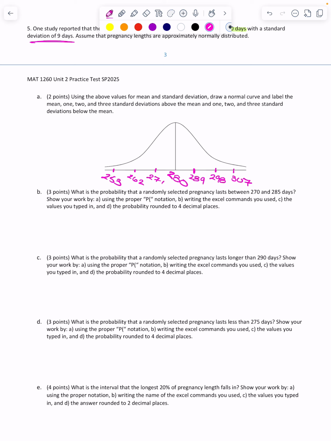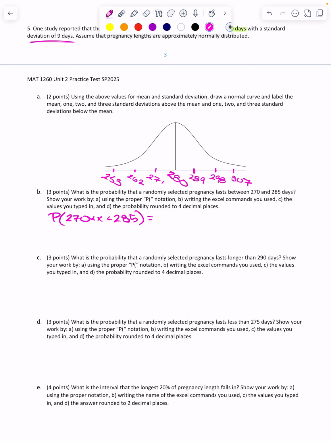So B, the probability that a randomly selected pregnancy lasts between 270 and 285 days. So we want the probability that 270 is less than X is less than 285. Keeping in mind that we're going up to 285 and then subtracting off the stuff up to 270.